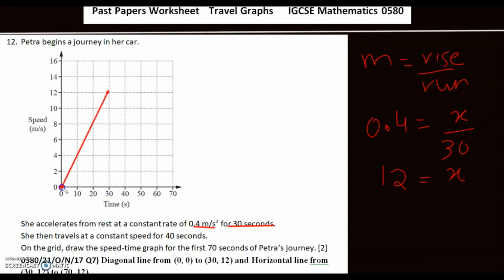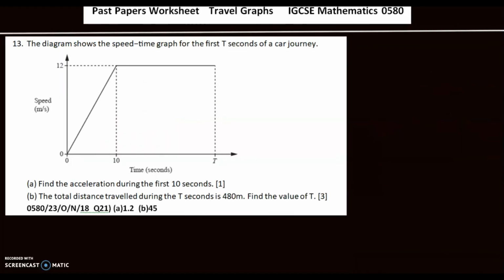This is representing an acceleration of 0.4. She then travels at a constant speed for 40 seconds. So now she maintains the speed for 40 seconds. 10, 20, 30, 40. Here we go. On the grid, draw the speed time graph for the 70 seconds of Petra's journey. Done.